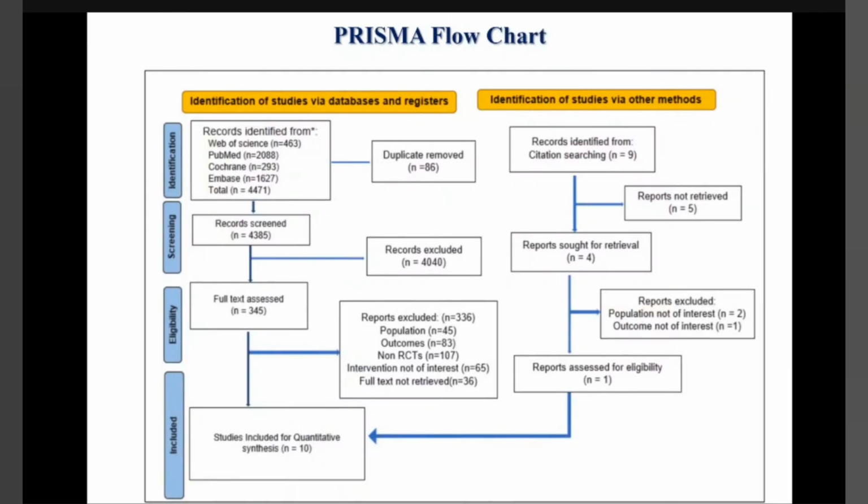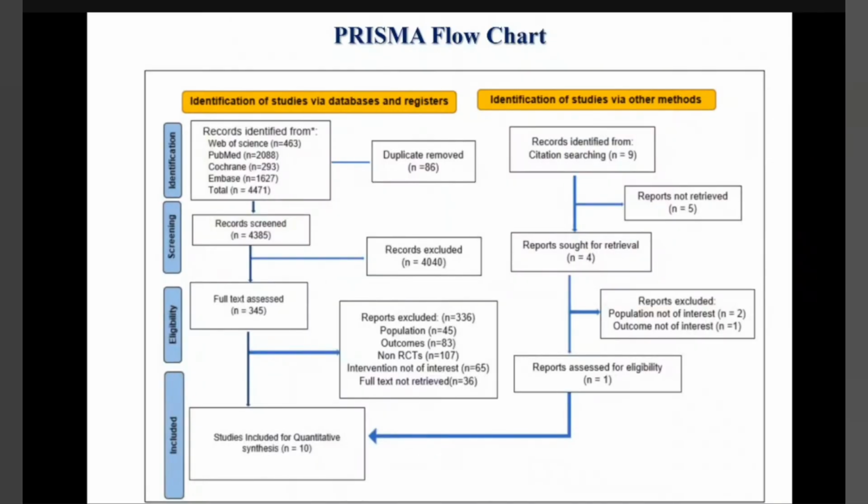Then in the screening phase, you screen on the basis of title and abstract first. For example, here 4,385 articles were screened on the basis of title and abstract, and after screening we found 4,040 articles were not relevant to our PICOs, what we have defined as our PICOs or our inclusion criteria. Then we are left with only 345 articles.